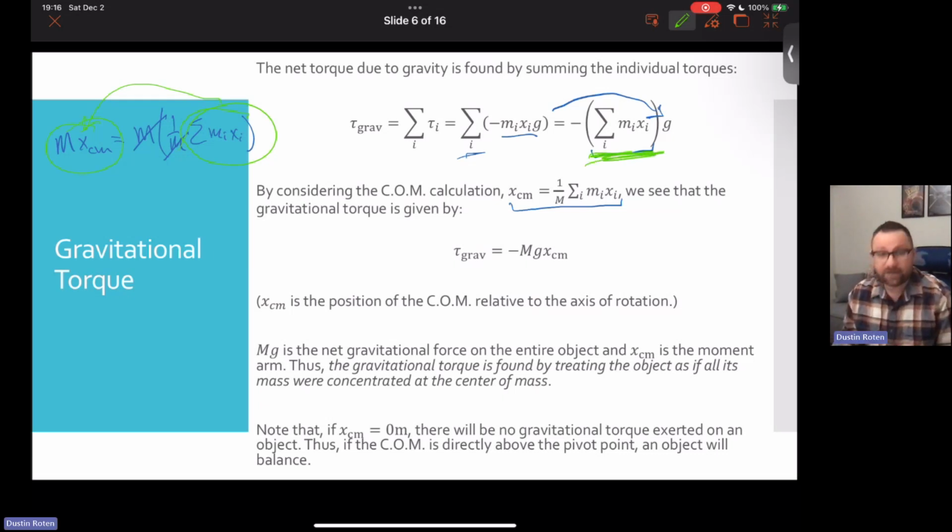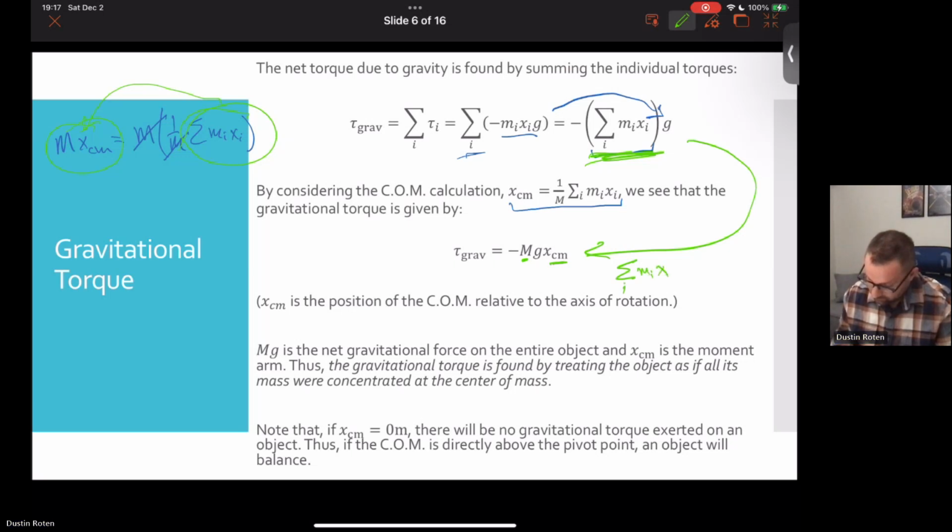So I can actually replace the summation with just big M times the center of mass coordinate. So here's big M times the center of mass coordinate, and that completely replaces this summation. Just using some algebra and the definition of the center of mass allowed me to do that.